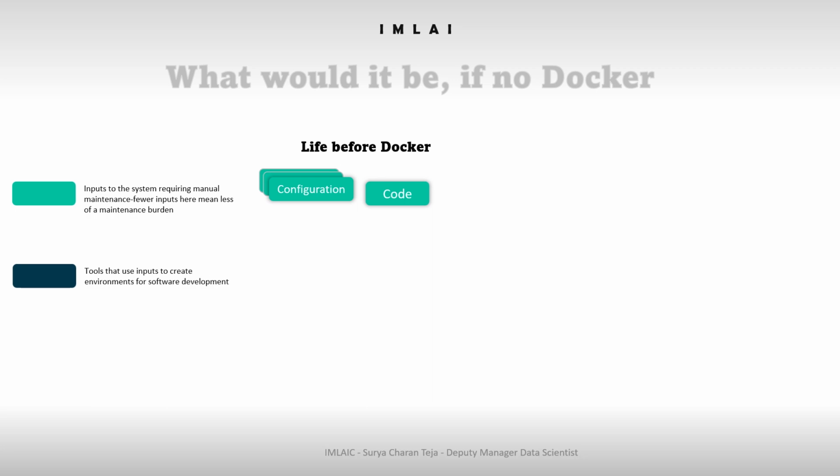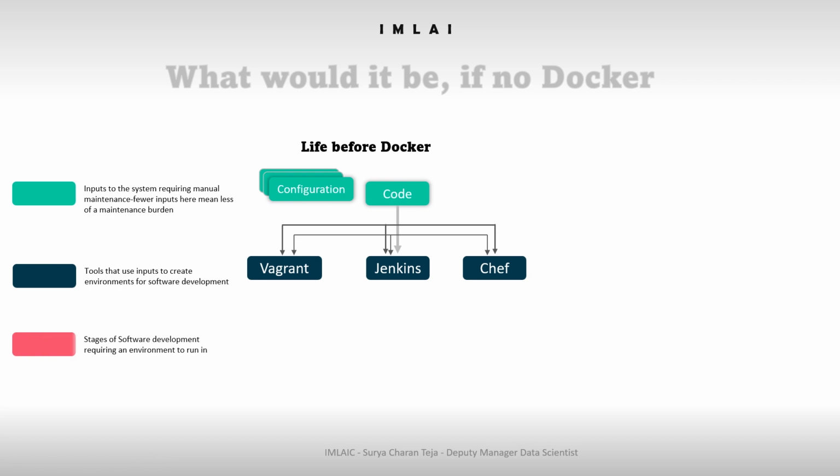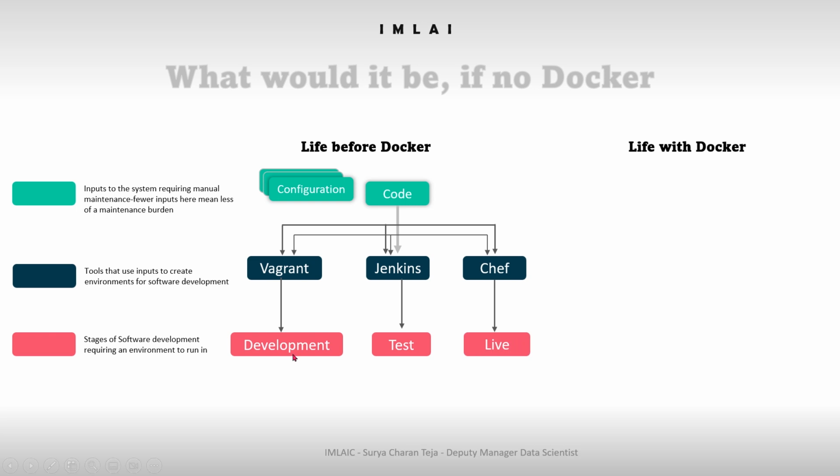The three parameters we have considered here are the inputs to the system requiring maintenance, how many tools we require to configure the system and create environments, and the stages of software development, how many stages are required and inside those stages how many inputs you have to provide. These are the three parameters we have taken to compare life before Docker, life with Docker, and the hypothetical situation.